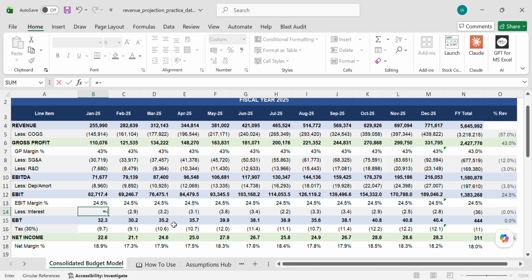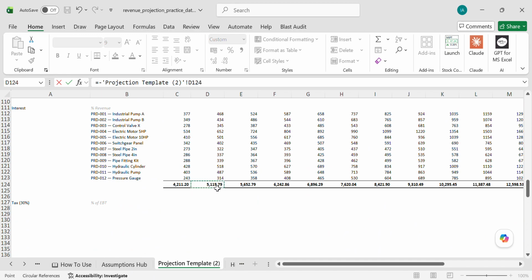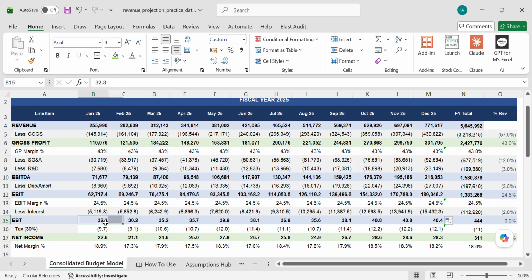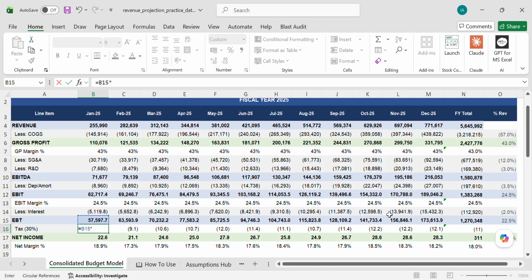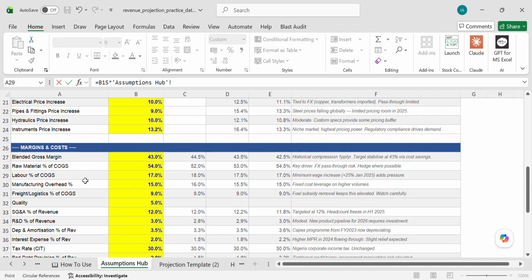Then less your expense, interest. This plus this. Then tax is usually 30%. You can do 30% of this as a tax. Assumption, the tax is 30%.